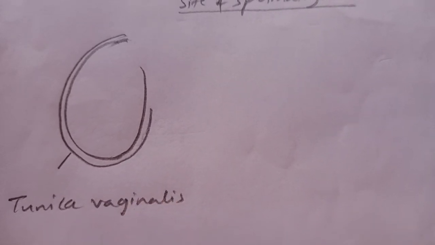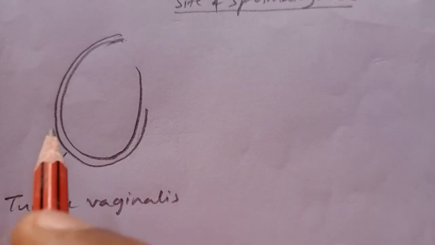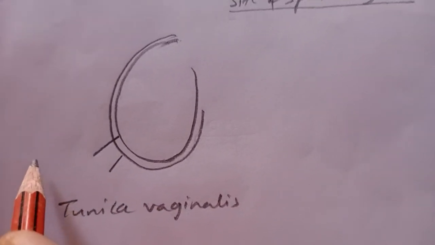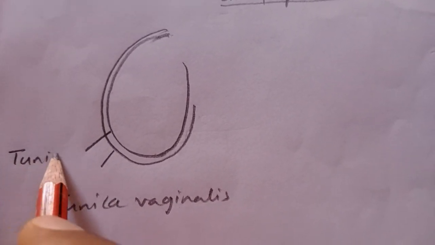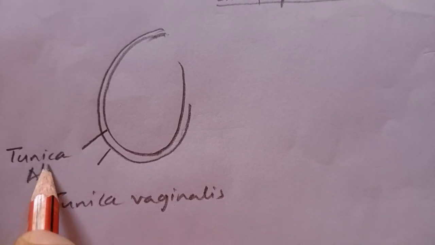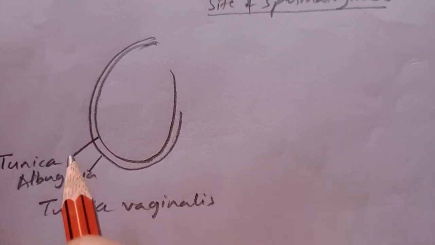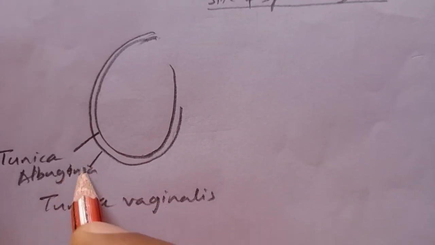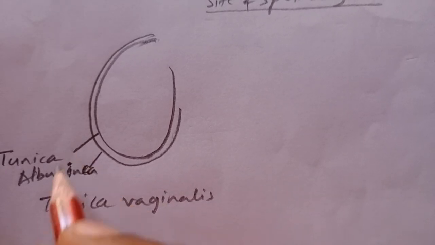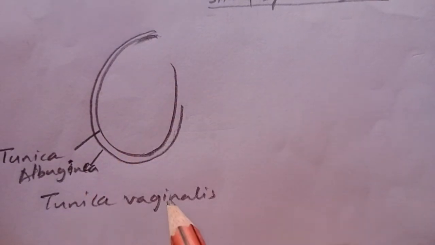Tunica vaginalis is an external layer which covers the testis, and internally one more layer is called tunica albuginea. Tunica albuginea, right? This tunica albuginea is an internal layer, internal to the tunica vaginalis.